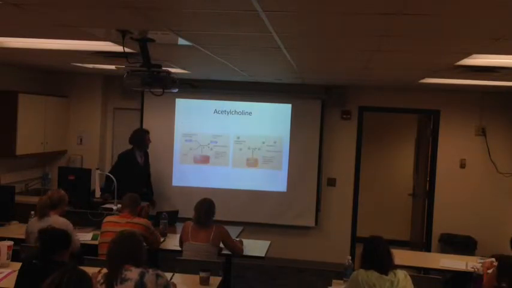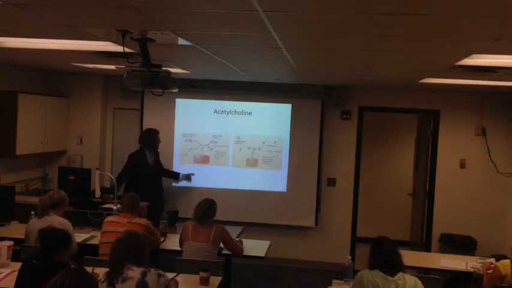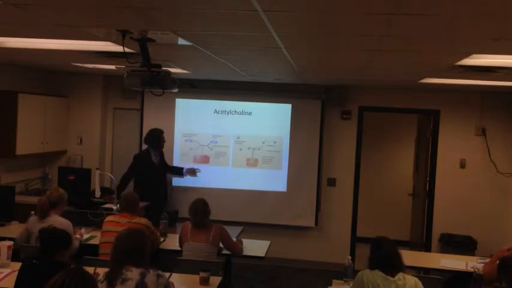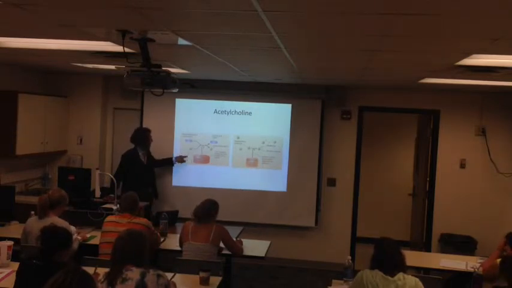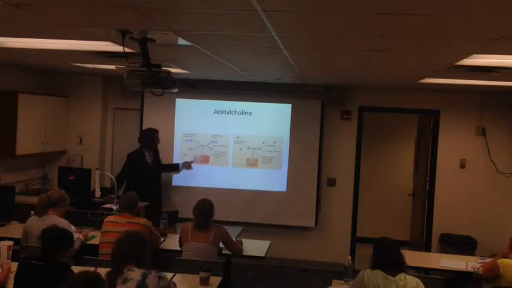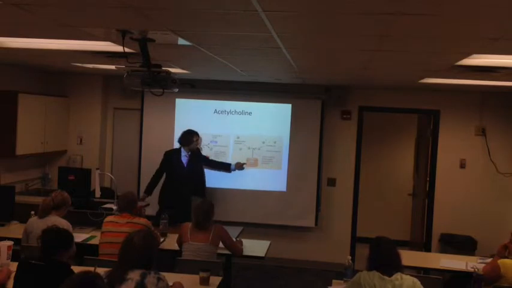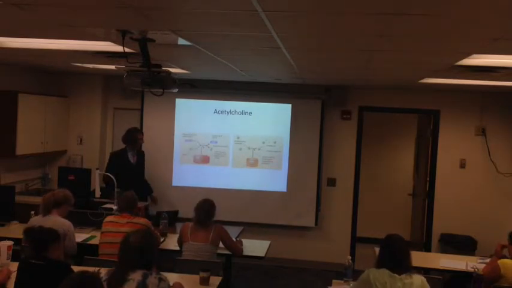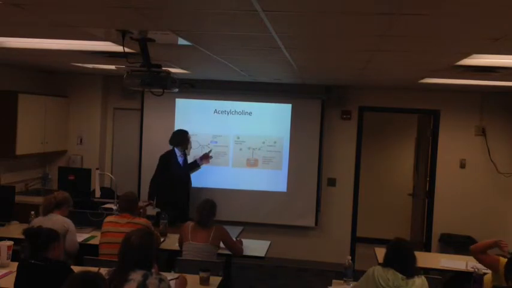Here are examples of some things that happen in the acetylcholine process. And so to make acetylcholine, there's a choline acetyltransferase, or CHAT, that binds choline with part of this coenzyme and creates acetylcholine. And then acetylcholine esterase, the esterase part is the scissors. Acetylcholine esterase removes that.